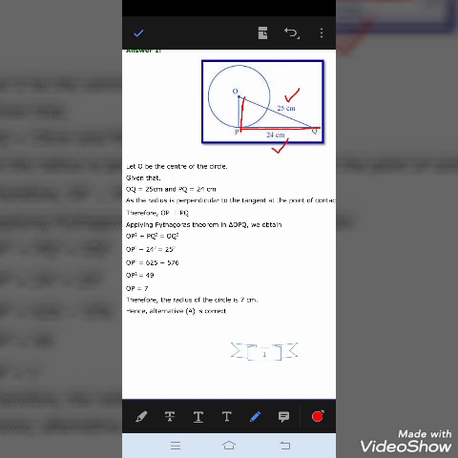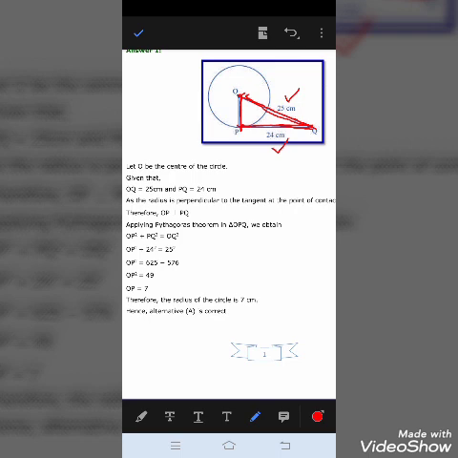So applying the Pythagoras theorem in triangle OPQ: OP square plus PQ square is equal to OQ square. OQ is the hypotenuse, and OP and PQ are the other two sides of the Pythagoras theorem.